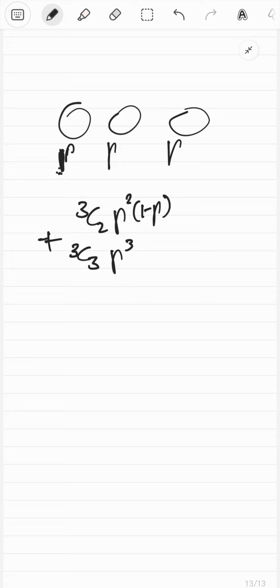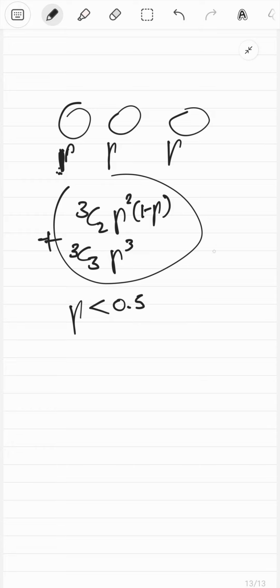And so if p is less than 0.5, then this quantity is actually going to be less than p as well, much less. It's less than if you just did it directly. Why is that the case?